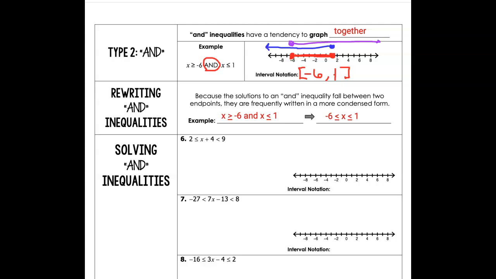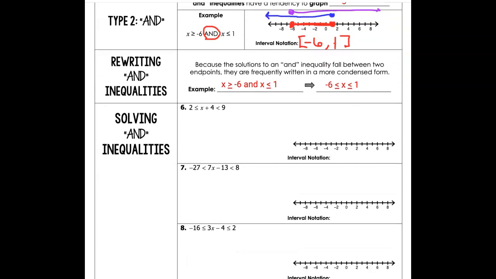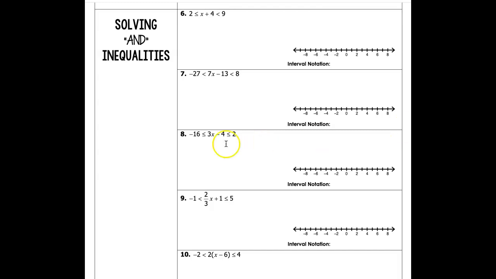We've got the part with our variable in the middle. I personally think these are easier to solve than the other ones because I just am doing the same steps. For or inequalities, we might have different steps for each part of the inequality. With and, because we're solving two inequalities but they're pushed together, it's just the same steps.